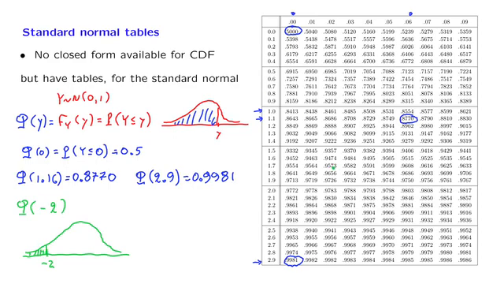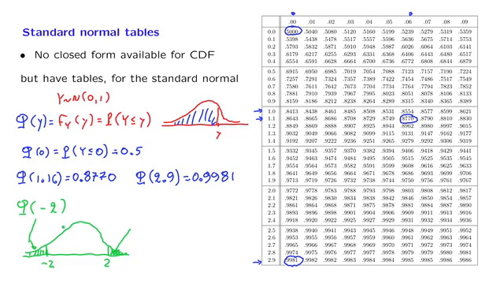There's nothing in the table that gives us this probability directly, but we can argue as follows. The normal PDF is symmetric. So if we look at 2, then this probability here, which is phi of minus 2, is the same as that probability here of that tail. What is the probability of that tail?